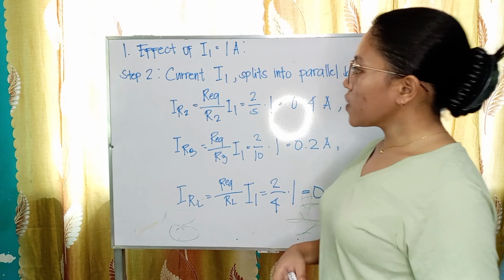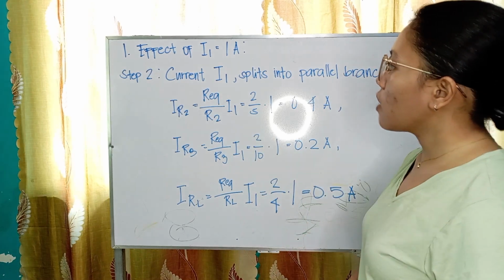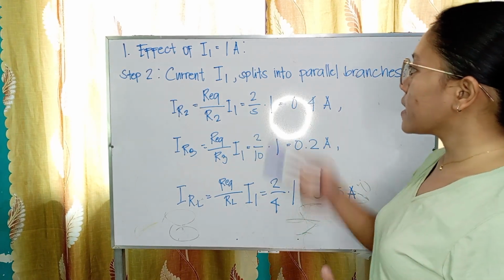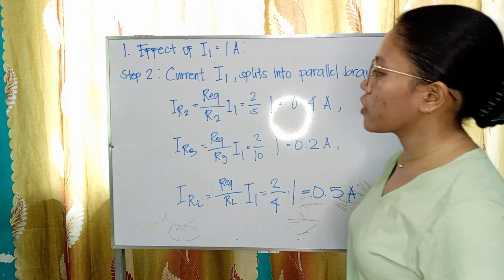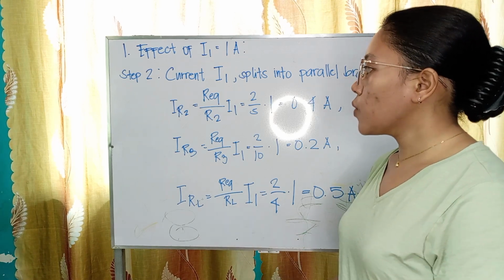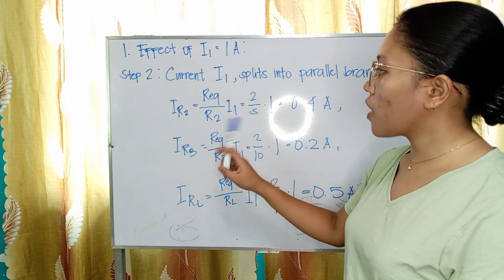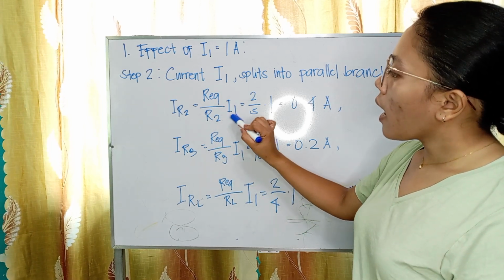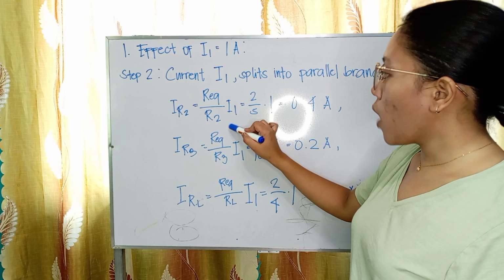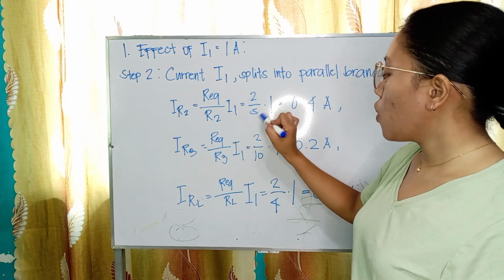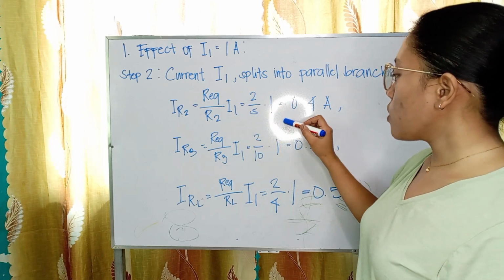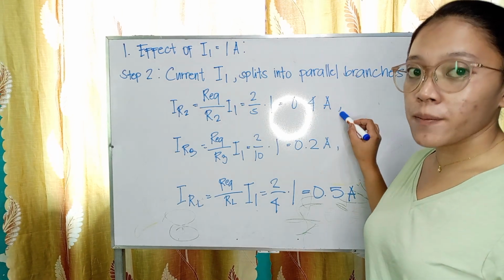So for step 2, we need to find the current of I sub 1 that splits into parallel branches. For R sub 2, it is equal to R equivalent over R sub 2 times I sub 1, equal to 2 over 5 times 1, which is equal to 0.4 amperes.